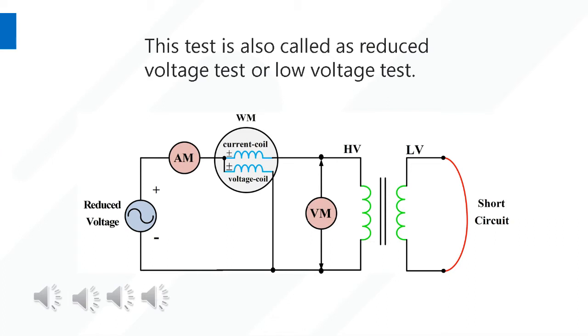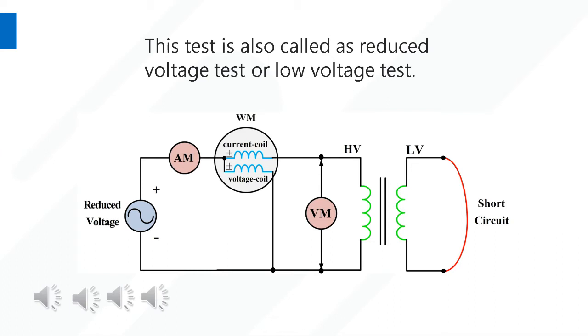So, bakit tinawag itong reduced voltage test or low voltage test? Because as the secondary winding is short-circuited at rated voltage, yung transformer nakakakuha ng very large current dahil sa very small nitong winding resistance. Kung aalalahanin natin yung Ohm's law, the current is inversely proportional to the resistance.